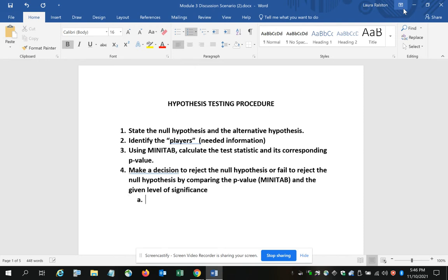Now, in case you have forgotten the rules, these guidelines are the same regardless of what type of hypothesis test you're doing.